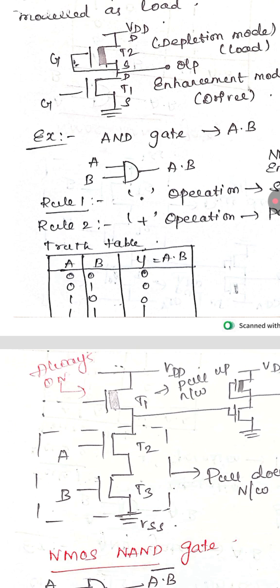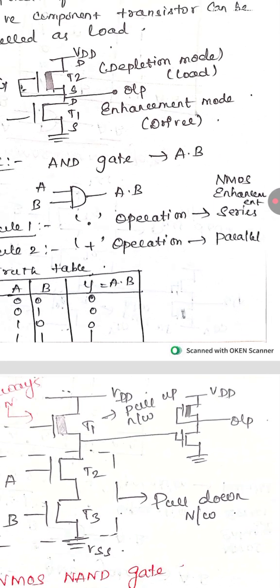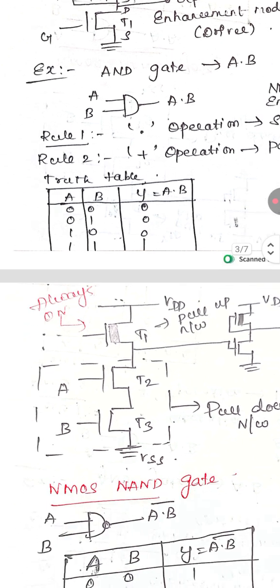One more point: here, for AND logic, A dot B means the NMOS enhancement transistors are to be connected in series. So the NMOS transistors are T2 and T3, because A is one input and B is one input. Because it is A dot B, they are connected in series form.